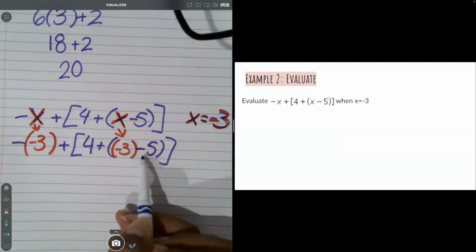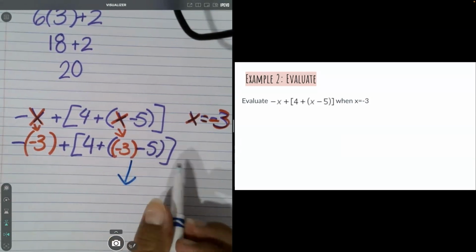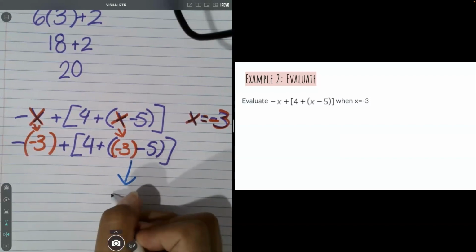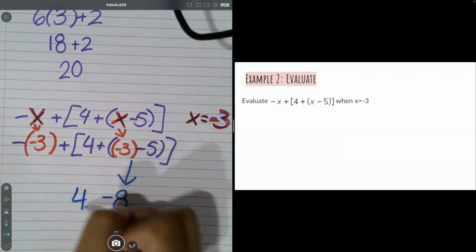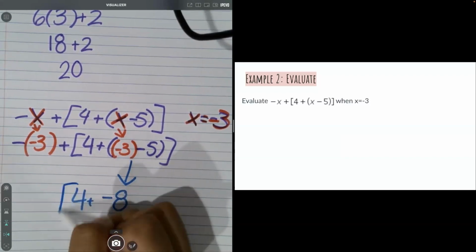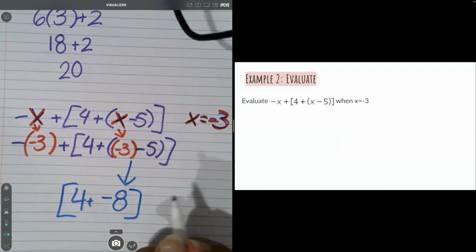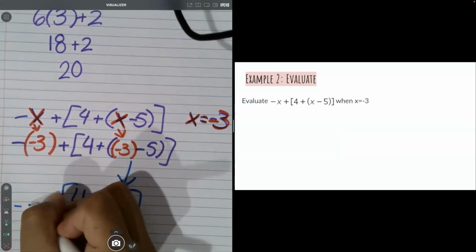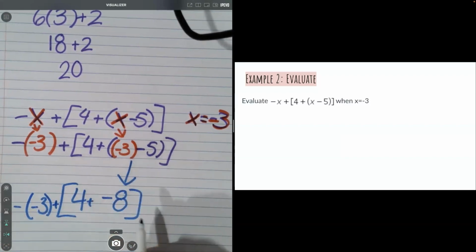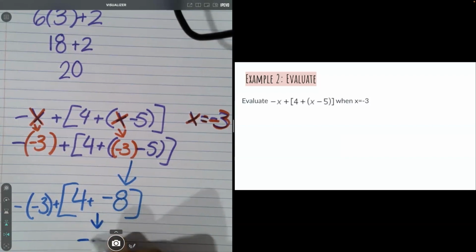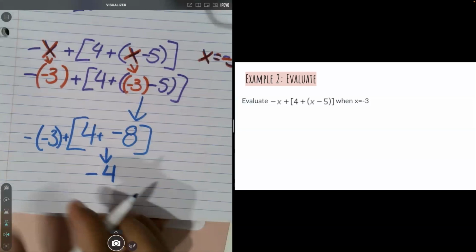So negative 3 minus 5, that's what I do first, negative 3 minus 5, that altogether makes negative 8. 4 plus negative 8 left in my brackets, and outside I have negative 3 being added. 4 plus negative 8, I have more negatives than positives. That's going to mean I have 4 more negatives than positives, so negative 4.